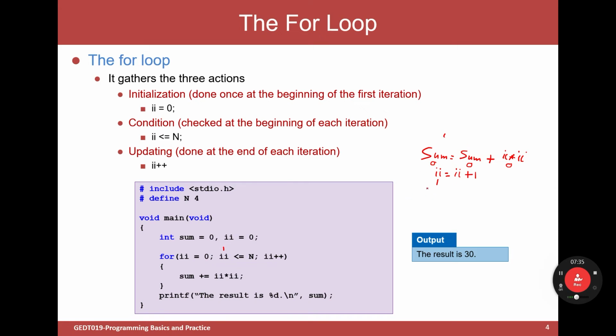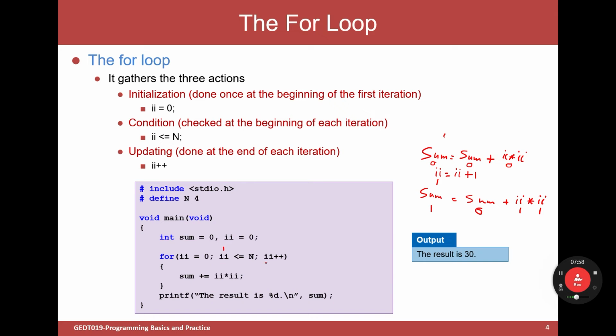Now the second loop, sum equals sum plus I times I. So I is equal what now? 1 times 1, because it's updated here, it became 1, plus 0, so the new sum will equal 1. And then after that, we go to the next loop.